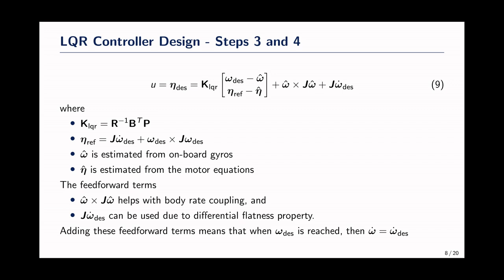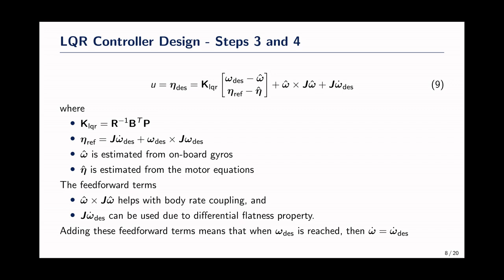The eta ref is calculated from omega desired. And yeah, that's how we get that first part of equation number 9. The second term on the right-hand side of equation 9 is a feed-forward term or a feedback linearization term, and same with that third part.